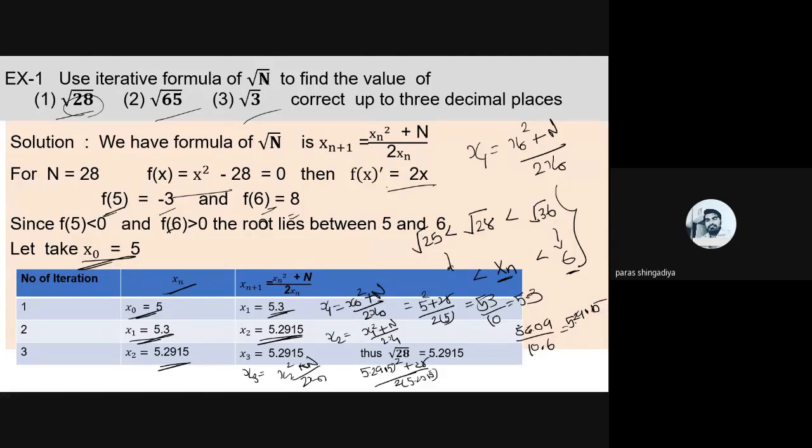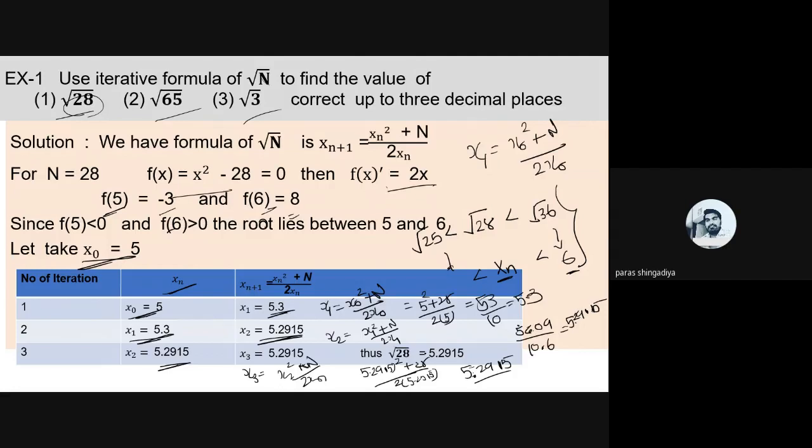You will get the same answer for x3, 5.2915. The value repeats.